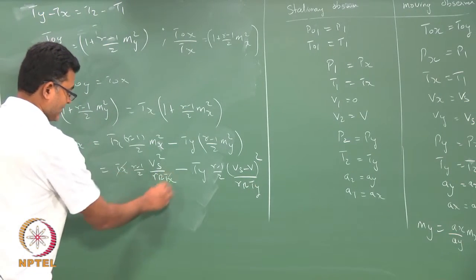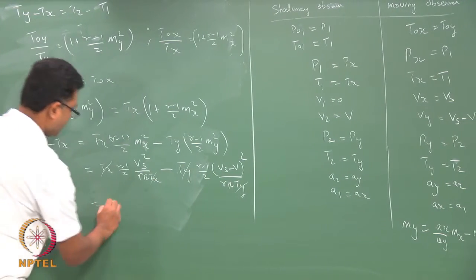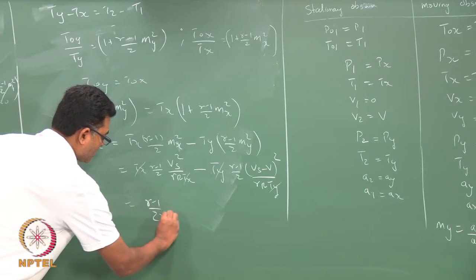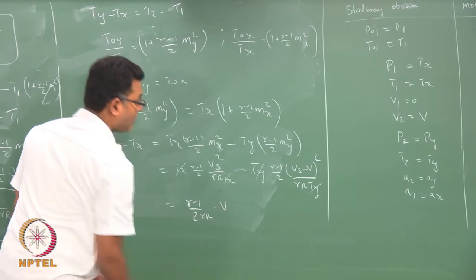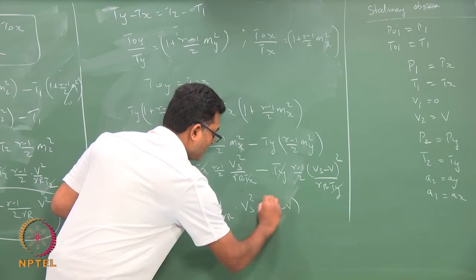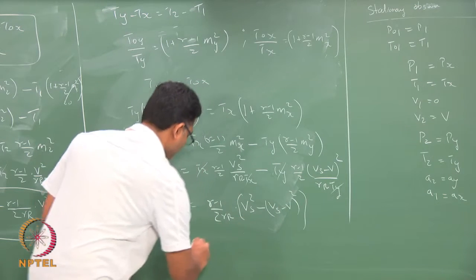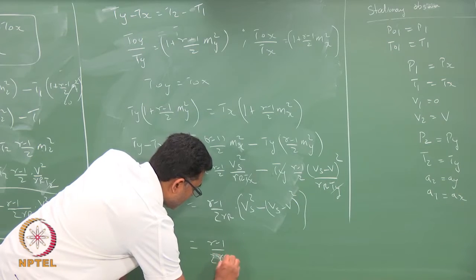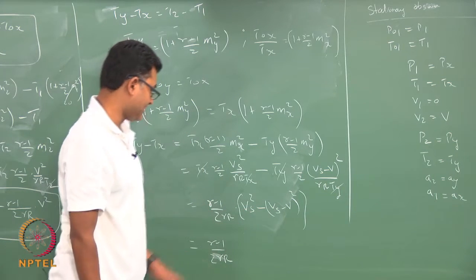So, Tx cancels, Ty cancels, I end up with gamma minus 1 by 2 R gamma into Vs square minus Vs minus V the whole square. So, this is nothing but gamma minus 1 by 2 gamma R, Vs square and Vs square cancels out.